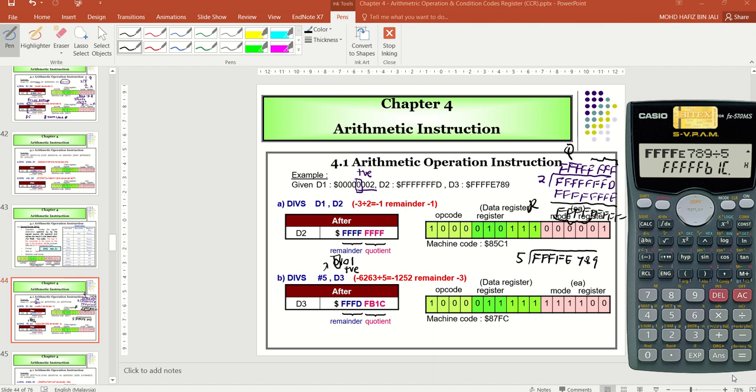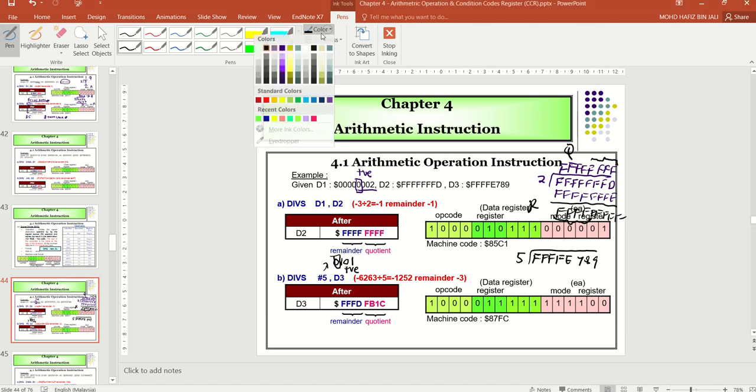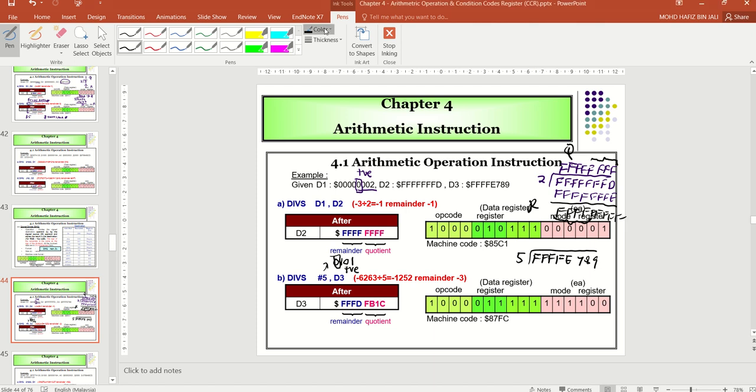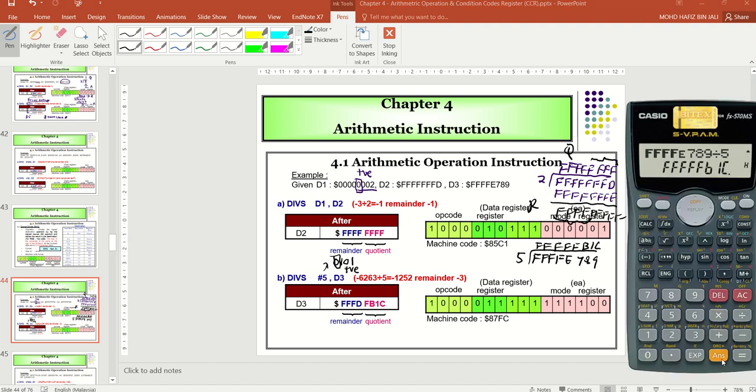So the answer is 5FB1C. Then multiply this one by 5, the answer times 5, and get that value.